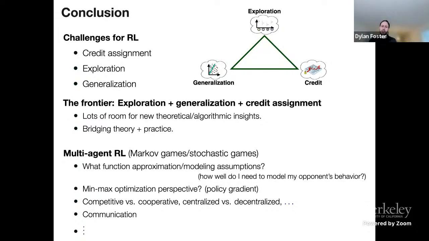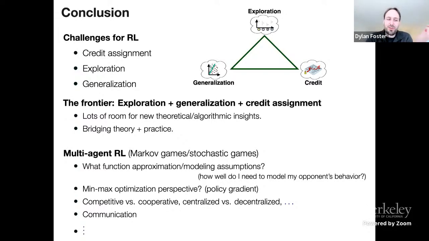I'll also say, while our understanding on the statistical side is starting to take shape, computational efficiency is a place where there's still a lot to be done, even just for the settings I discussed today.